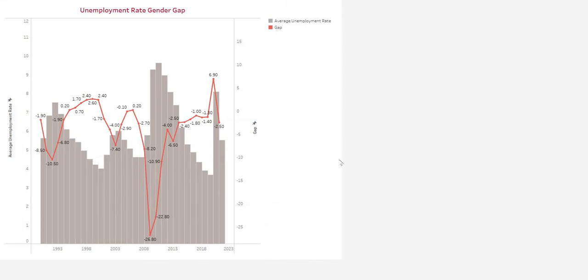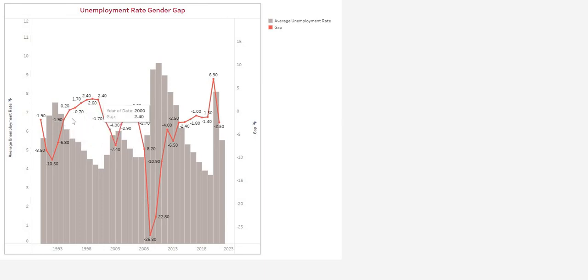So in past to present years, there's been a decreasing unemployment gap for women, and this can be because of the civil rights movement. And just to explain why that is, this gap is the women unemployment rate minus the men. So the positive number means that there's more women that are unemployed, and the lower the number, the more men that are unemployed.